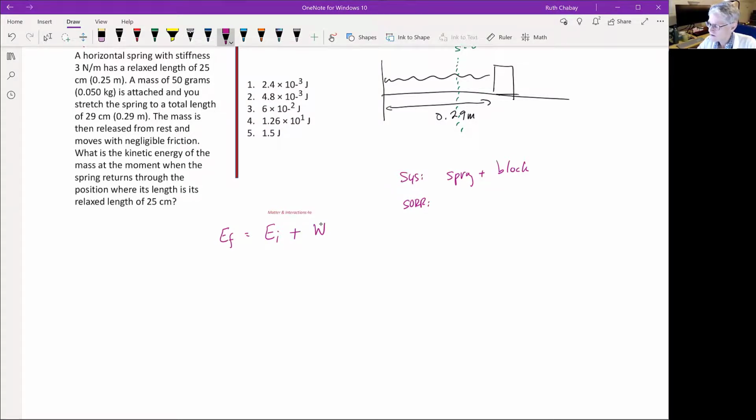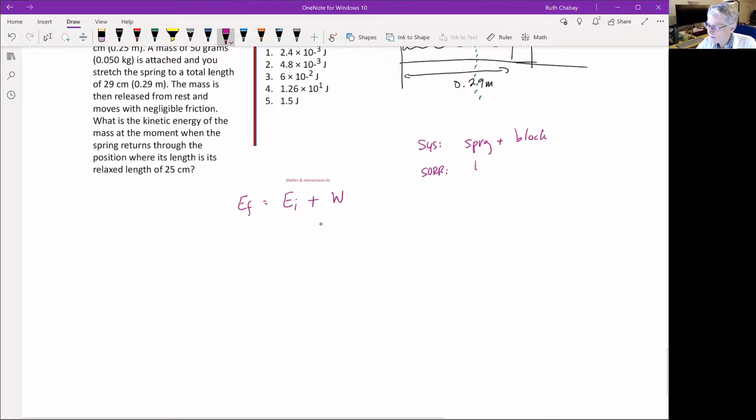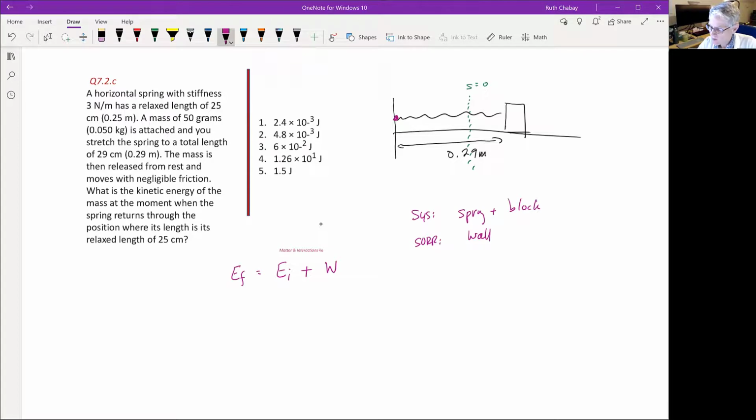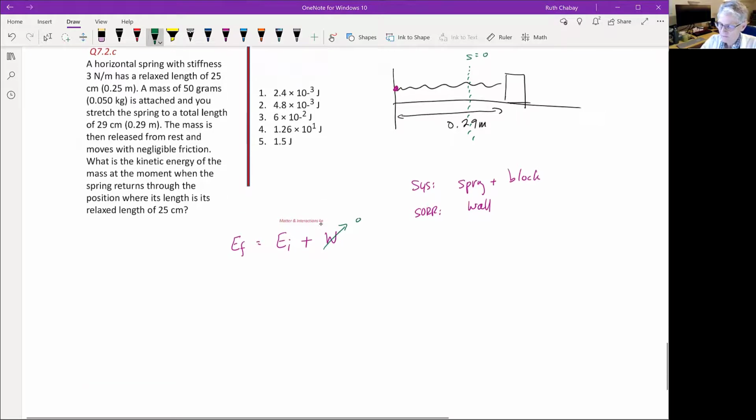So the surroundings is the wall. And notice that this point doesn't move, so the wall does no work. So that's 0. And so we have the initial state.